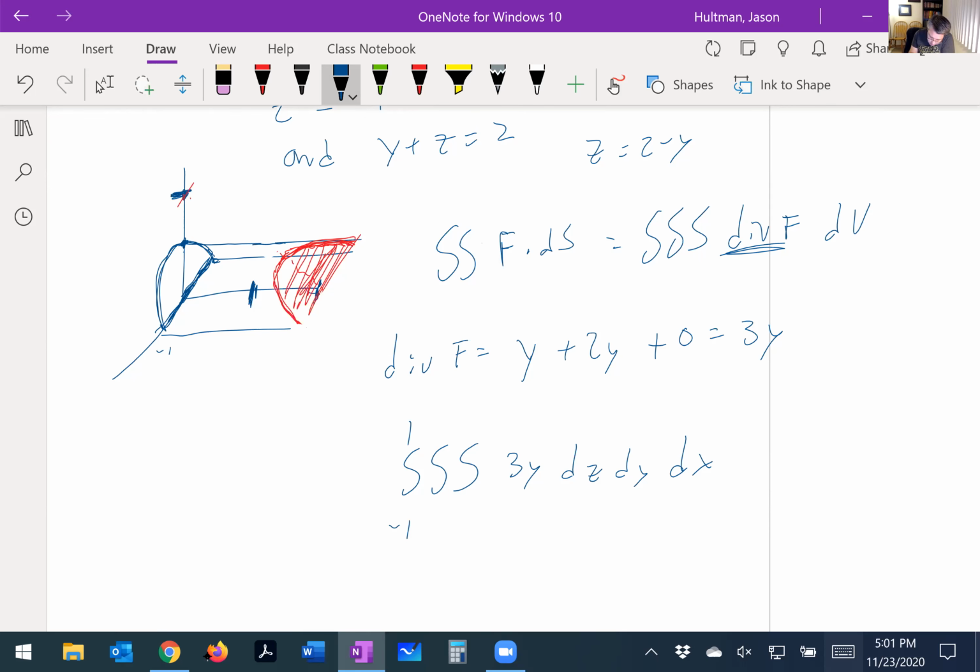Okay, from my diagram, -1. That's why I spent so much time on this diagram, so that I could really analyze what this three-dimensional region is, what this solid is.